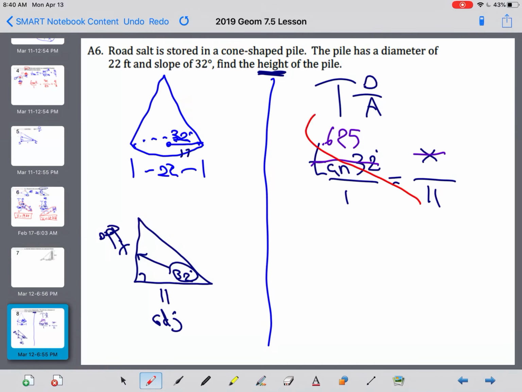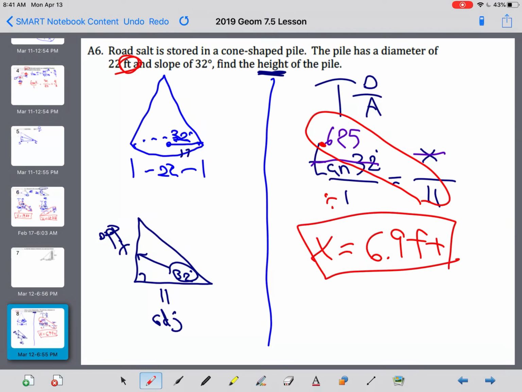We're going to multiply, remember, that's a point here, and divide by 1. So that's going to give me x equals 0.625 times 11, and I get about 6.9 feet, because we had feet tall.